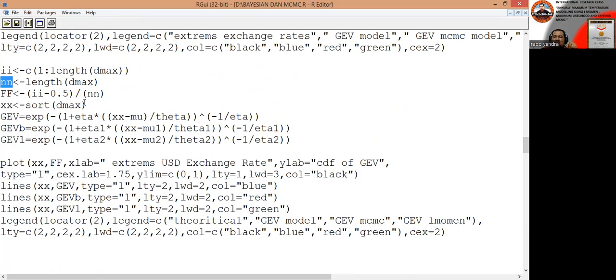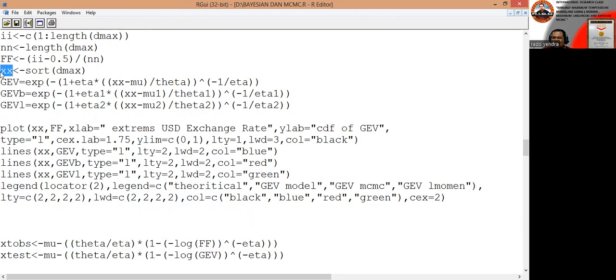So we need the cumulative for the observation. Like I said before, cumulative for our observation using the formula I minus 0.5 divided by N. So in the cumulative distribution function, we need XX. XX means sort the data from the smallest to the highest.